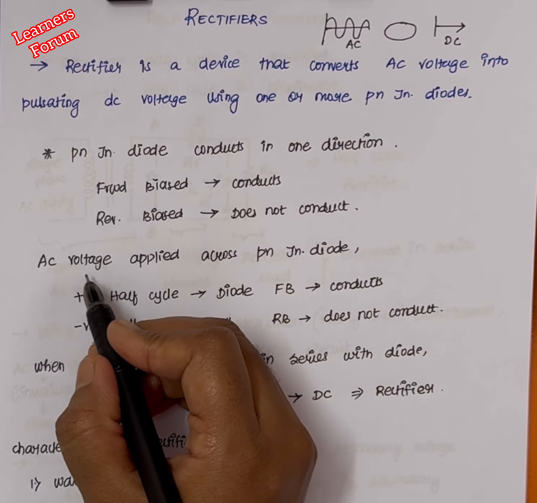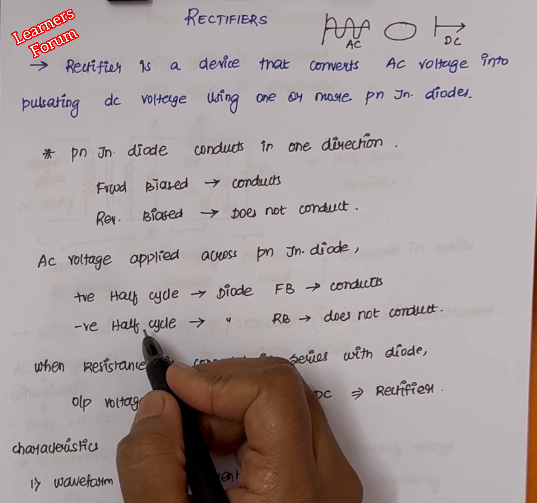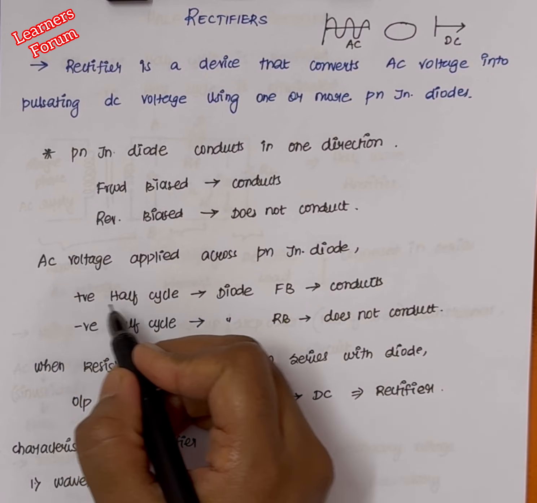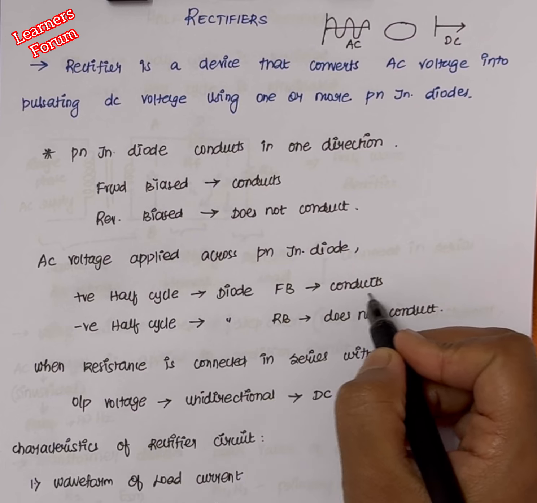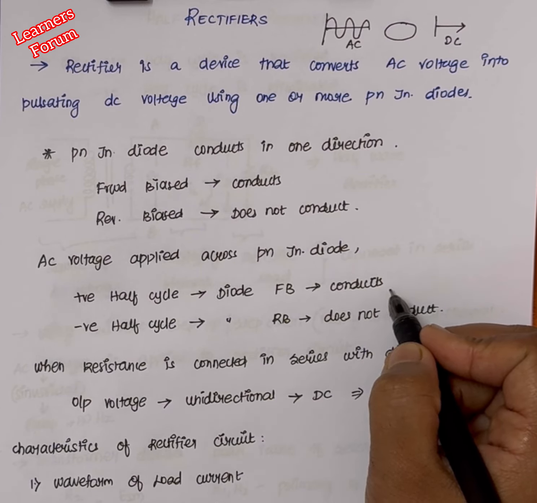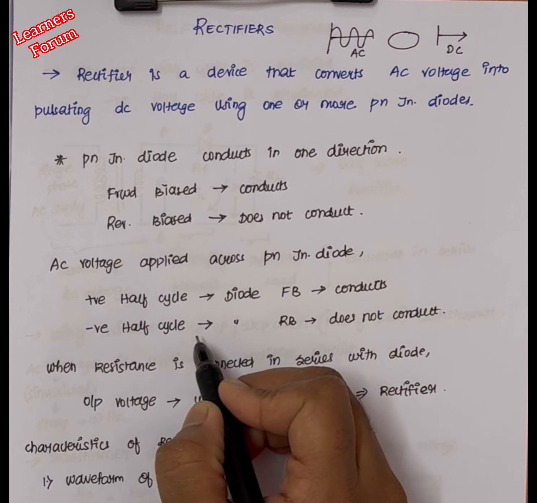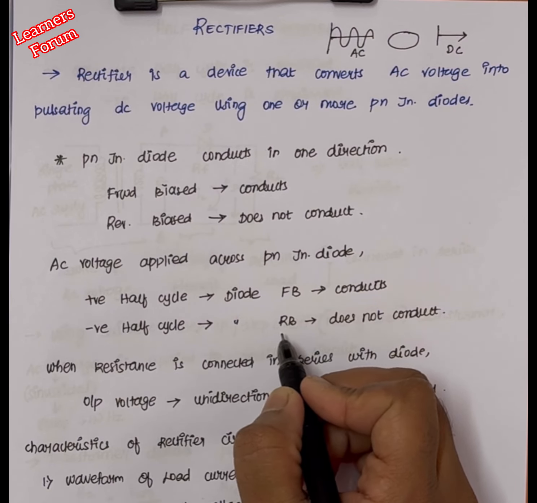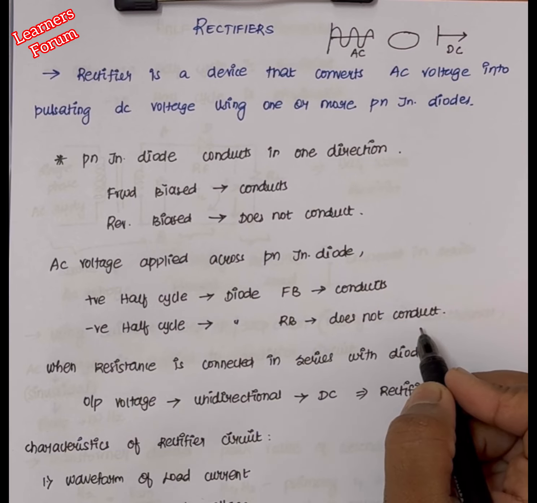So when an AC voltage is applied across a PN junction diode, two things will occur. When it is the positive half cycle, the diode will be under forward biased condition and it conducts. So we will have the flow of current here. Whenever the negative half cycle is happening, the diode will be in reverse bias condition, which means it does not conduct. So there will not be any flow of current over here.